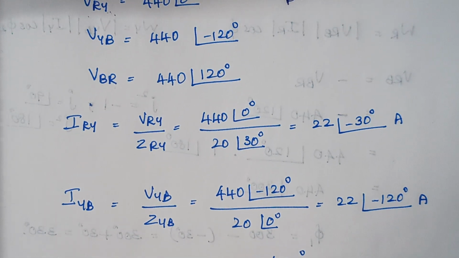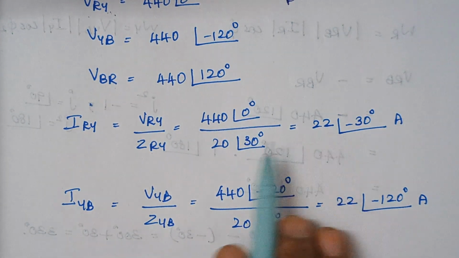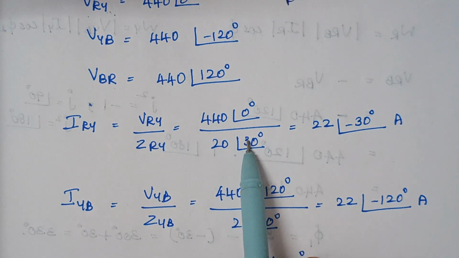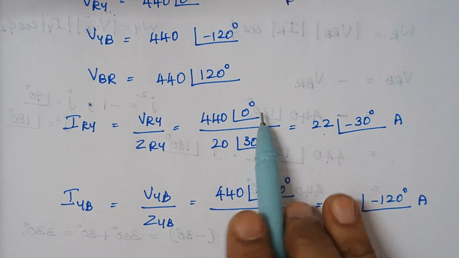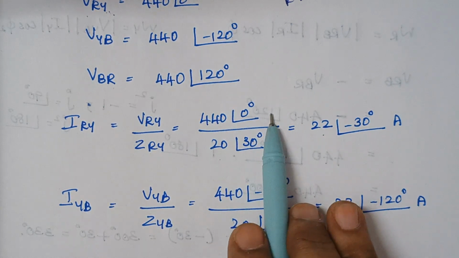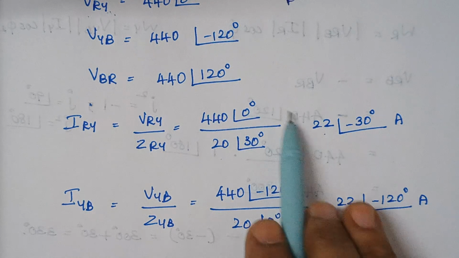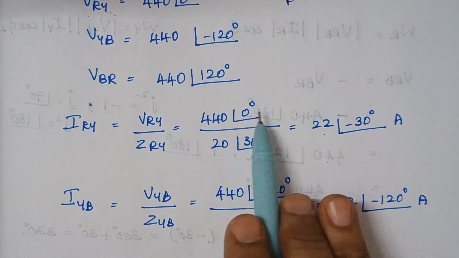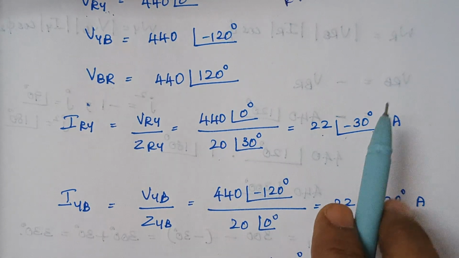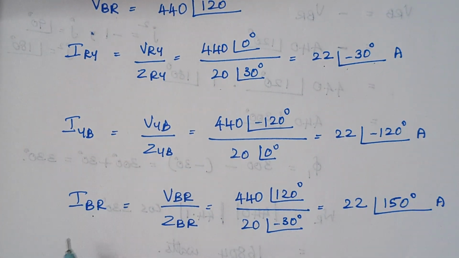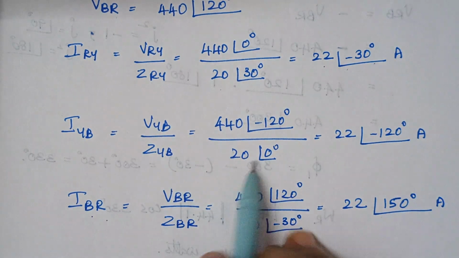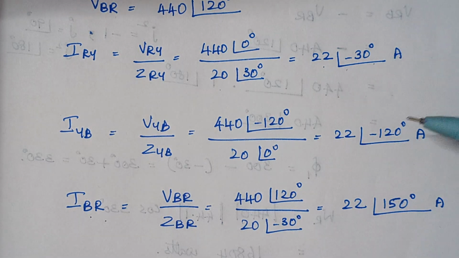When both are in polar form, 440 by 20 gives you 22, and the angle 0, when you move the +30 from the denominator to the numerator, becomes −30. So 0 − 30 gives you −30 degrees. In the same way, proceed with I_YB and I_BR. Substitute the values and find the answers for I_RY, I_YB and I_BR.